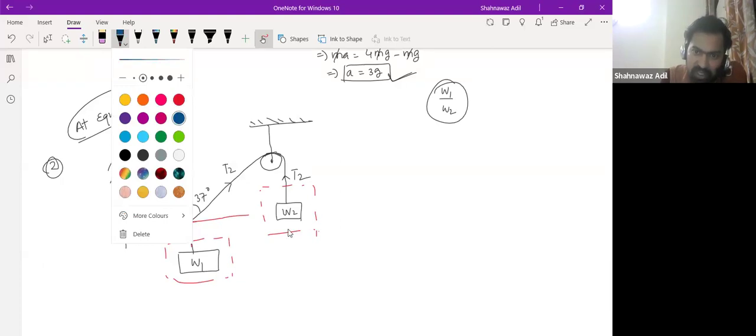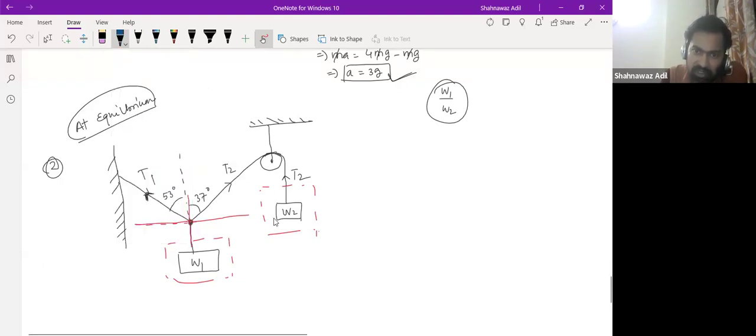So this part is easy. If we can directly apply the equilibrium condition, T2 would be simply, because this is weight W2, so W2 is simply equal to T2.